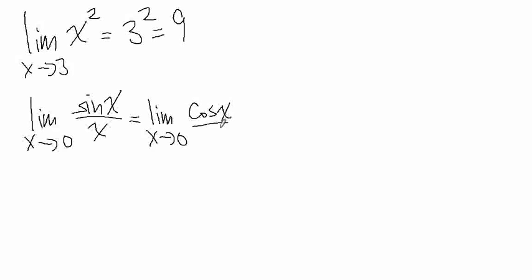The derivative of x is 1. That's a doable limit now because cosine of x over 1 is continuous. So immediately we can get the answer of 1. Now what I want to do before I continue is prove L'Hopital's rule for a certain general situation, and then I'll do some more examples.